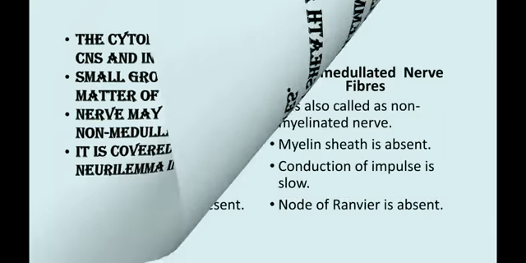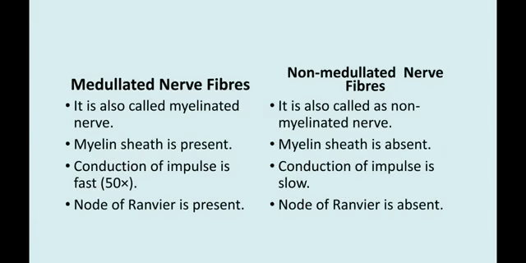Now coming to the details of medullated and non-medullated nerve fibers. Medullated nerve fibers are also called myelinated nerve fibers, whereas non-medullated nerve fibers are also called non-myelinated nerve fibers. In medullated nerve fibers, myelin sheath is present. In non-medullated nerve fibers, myelin sheath is absent.